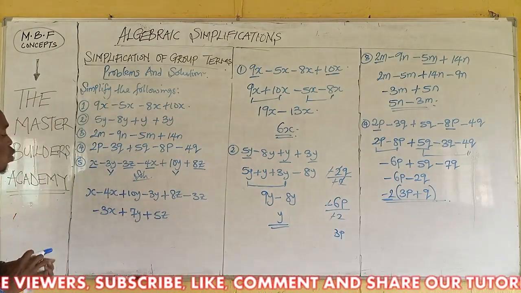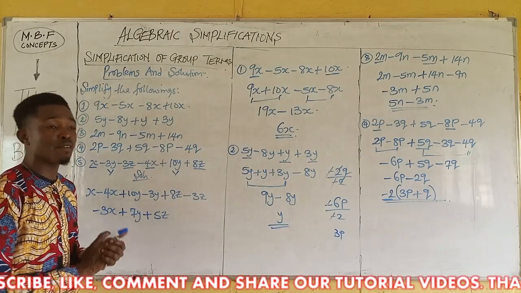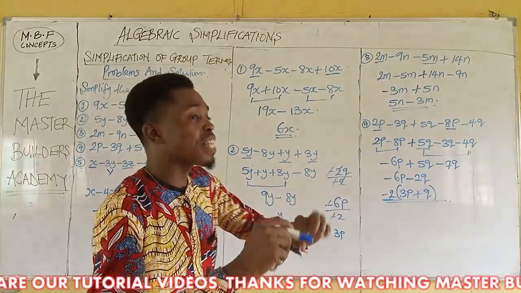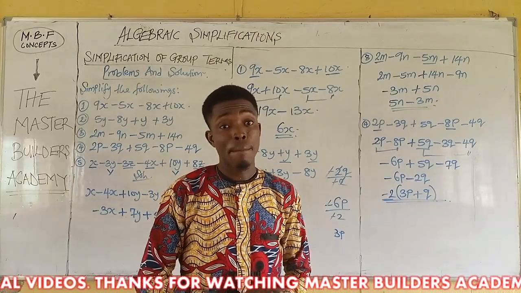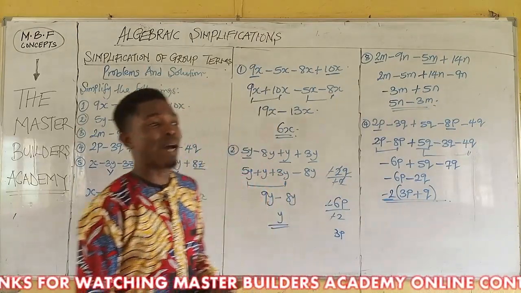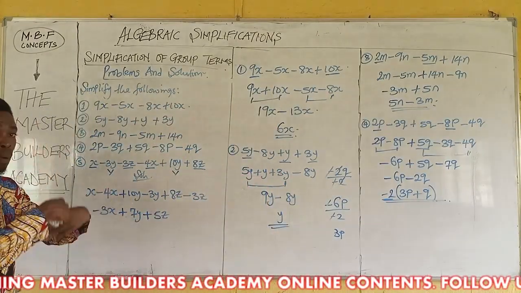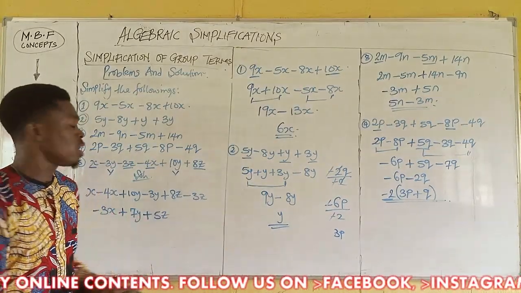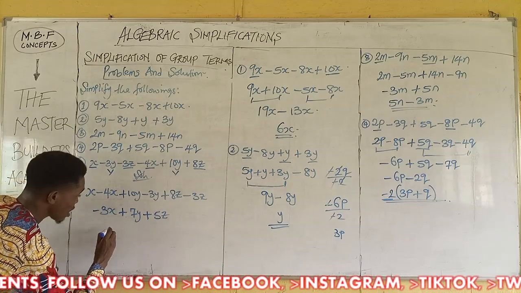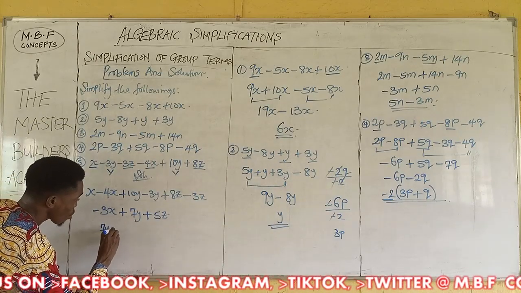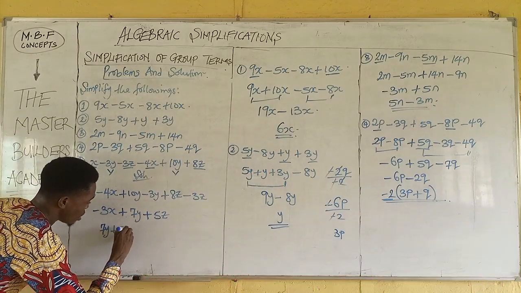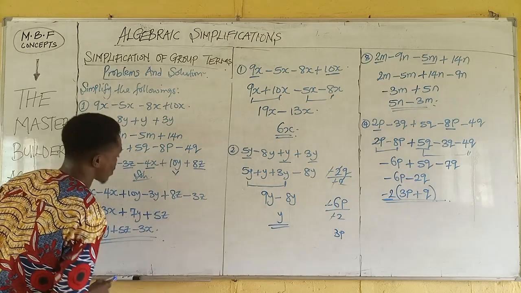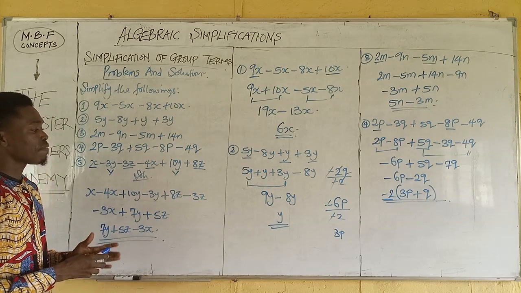Now, the next thing we do here is that it will be better for us to arrange this in an order whereby the positive term comes first, followed by the negative, or in the situation whereby the first term is positive, the negative term can be at the middle or at the last end, right? So at this point now, we will arrange this to be 7Y plus 5Z minus 3X. This is the answer to this very question.